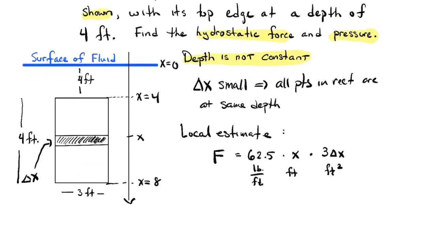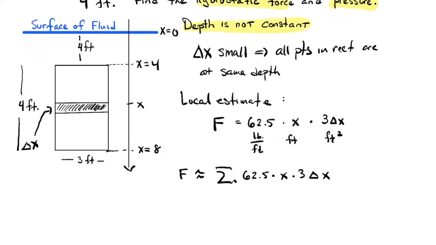So if I added those things up, the force should be approximately the sum of 62.5 times x times 3 times delta x. And what does x range between? It ranges between 4 and 8. So that gives me the ability to write down the integral. The actual force is therefore the integral from 4 to 8. Remember, those are my extreme x values.